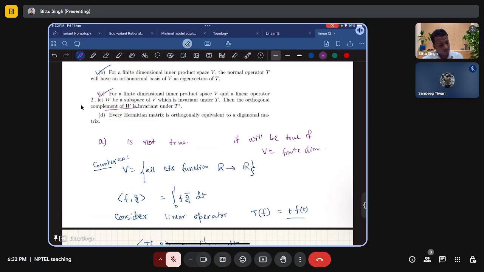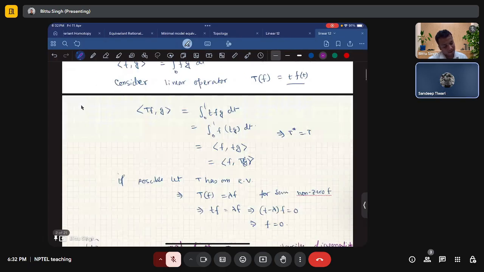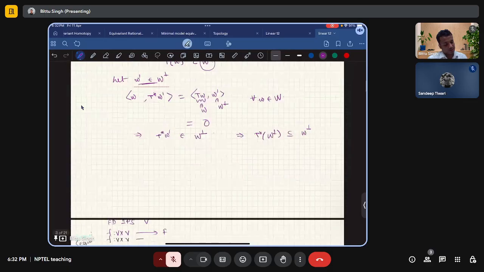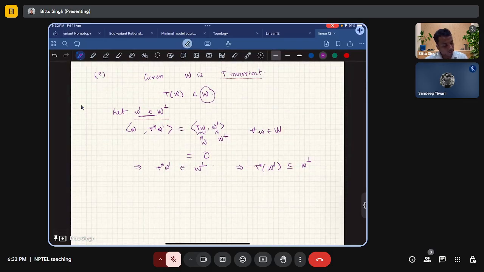Now the question number D says that every Hermitian matrix is orthogonally equivalent to a diagonal matrix. Is it true? There is a slight problem here.